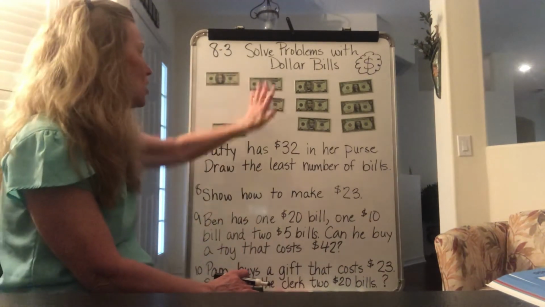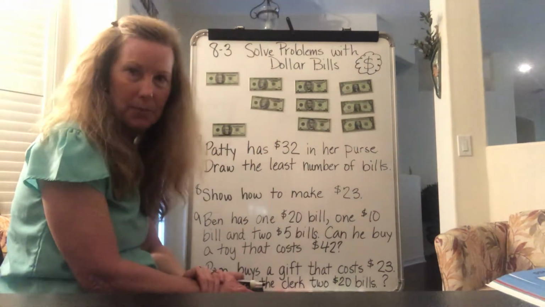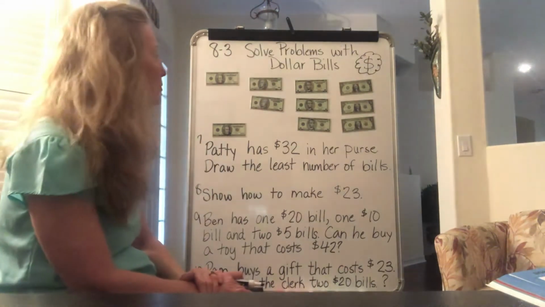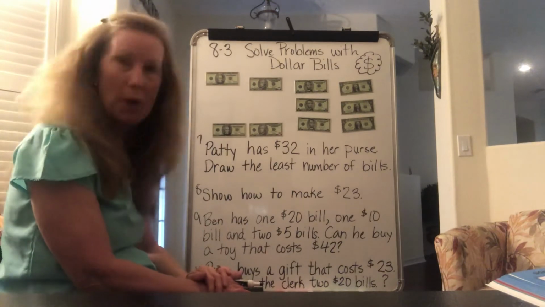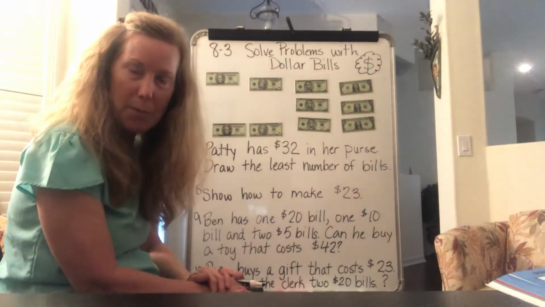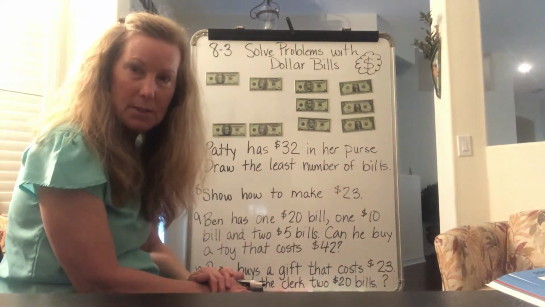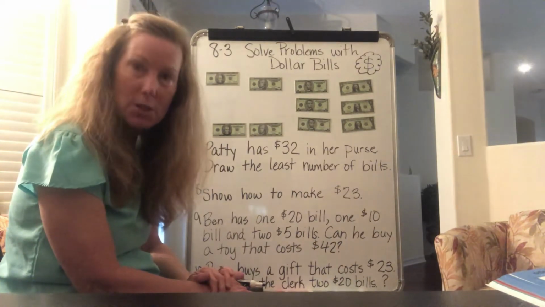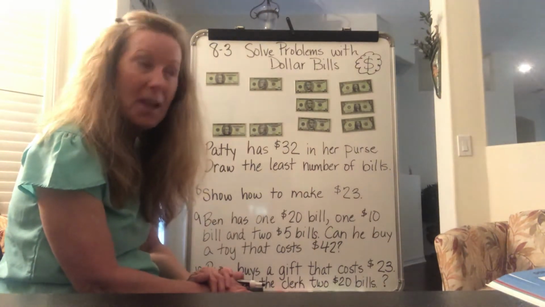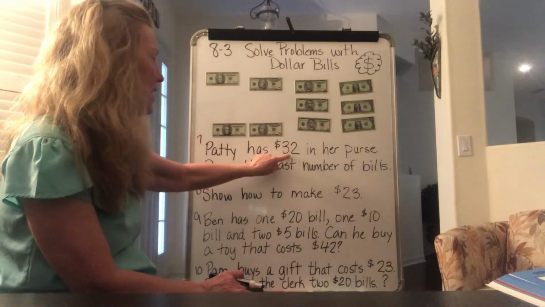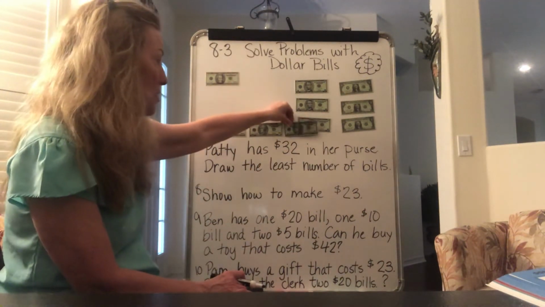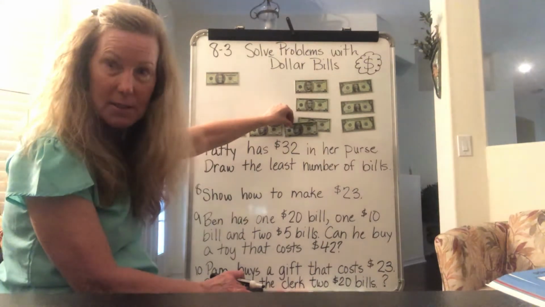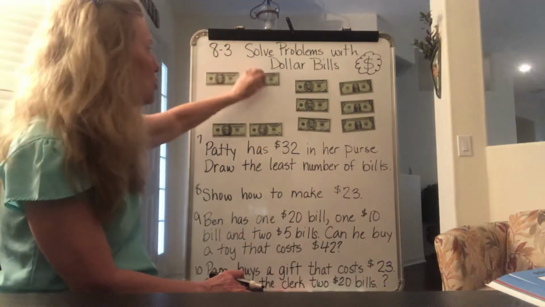So then you're going to go to your next dollar, which is a 10. If I add a 10 to 20, what will that be? That's right. It's 30. Can I do that? I can, because I did not go past. Now, can I do another 10? 30 and another 10? No, that makes 40. So you can't do that.